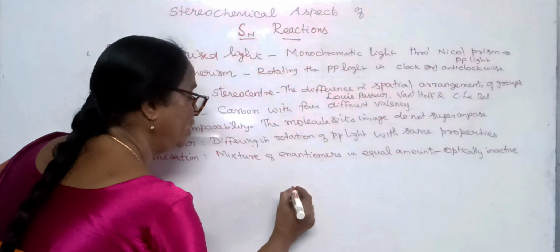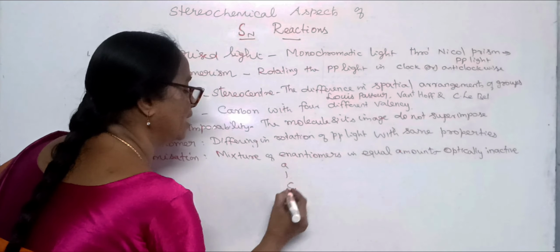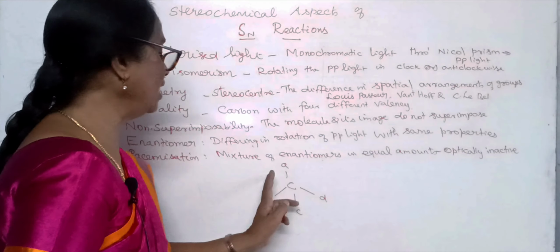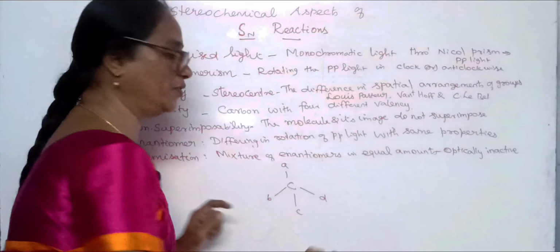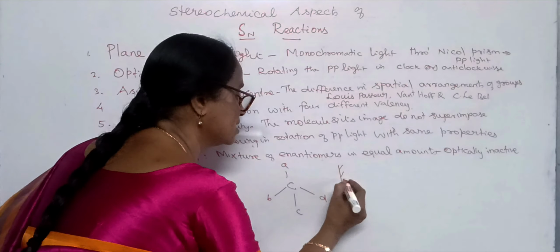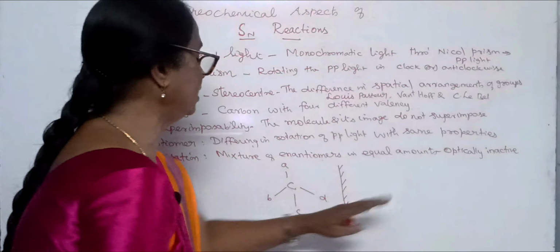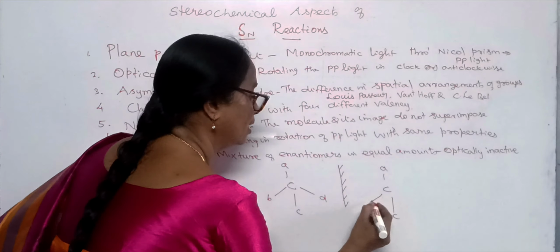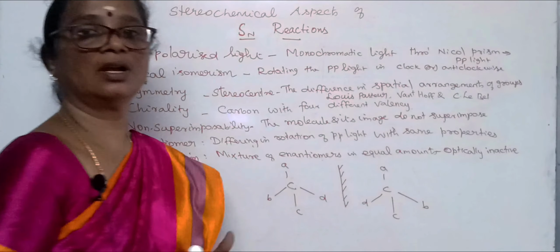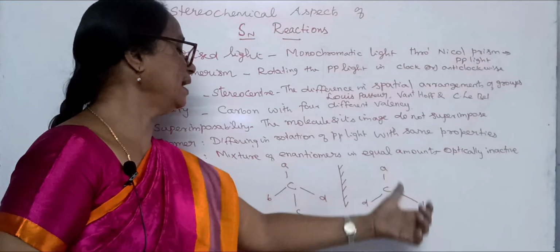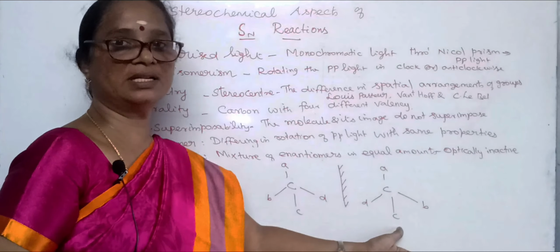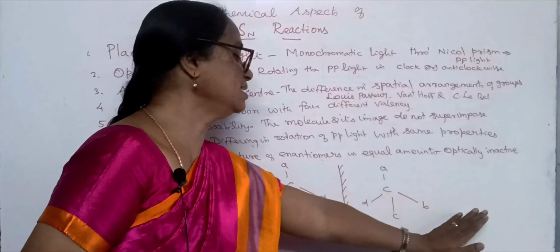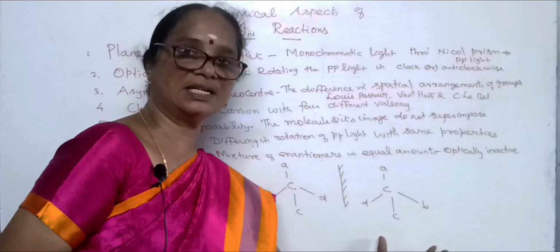non-superimposability. When we take a carbon with four different groups A, B, C and D, and place it in front of a mirror, we can get its image. That image will be A, C, D and B. Here the head and tail of the molecule remain the same, but the left and right of the molecule change position because of the image.